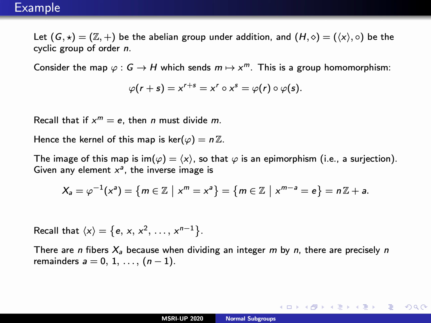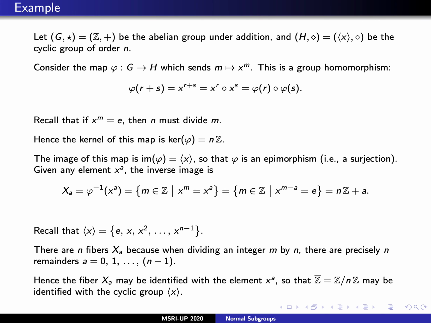So the fibers actually keep track of the remainders after dividing by n. We'll consider these fibers to be elements of our quotient group, namely Z mod nZ, where we'll consider an element in Z mod nZ to be this class, nZ plus a, this fiber. Remember that we can identify the elements of this quotient group, Z mod nZ, with the elements of the cyclic group. That is, we'll take the fiber nZ plus a and identify that with the power x to the a.